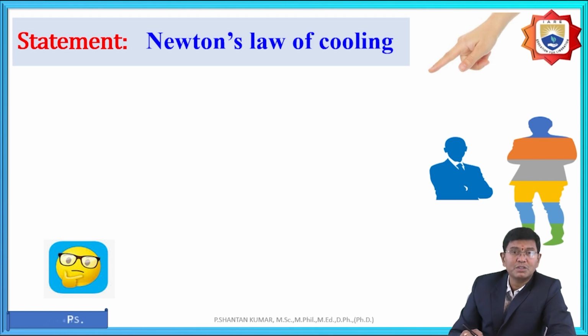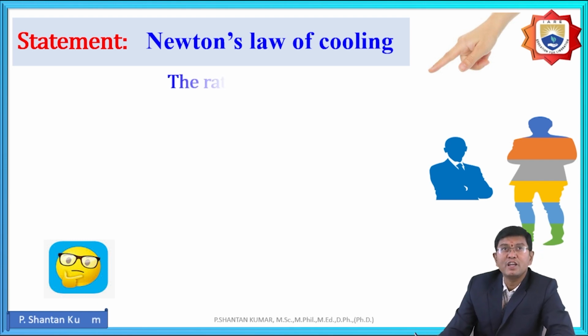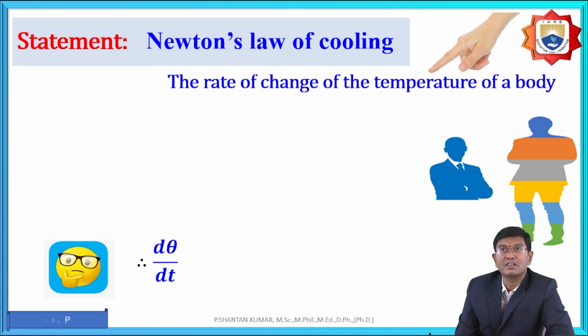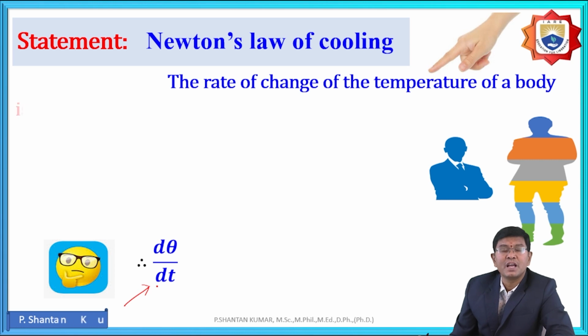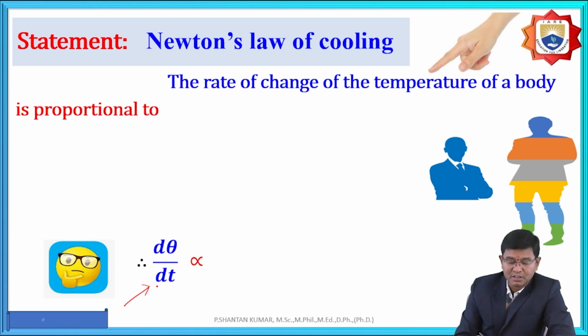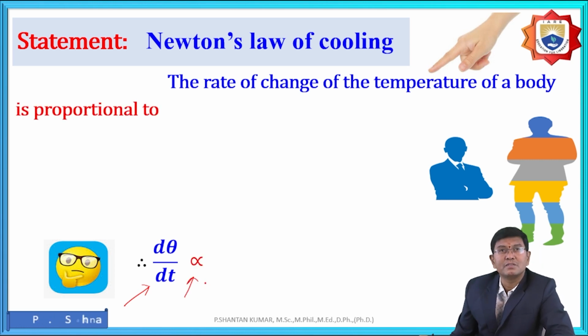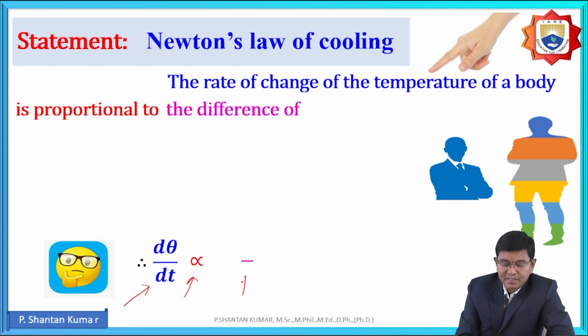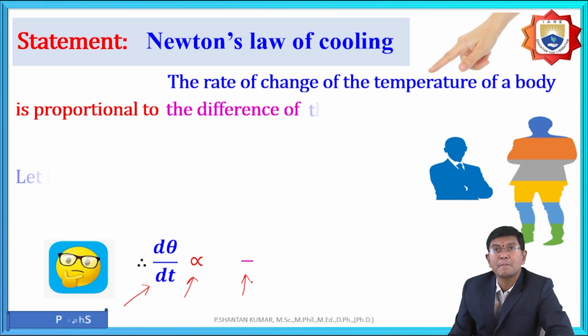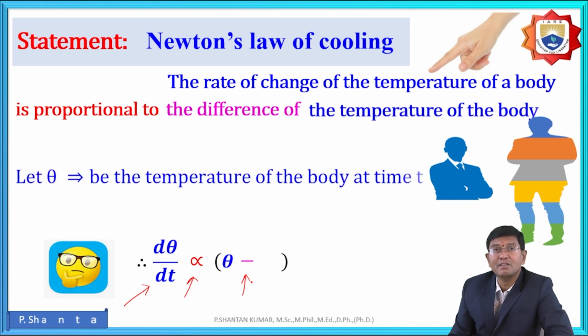Once again, observe properly how to remember the conditions of Newton's law of cooling. The rate of change of the temperature is denoted d theta by dt, and it is proportional. Next, the difference is denoted by minus.